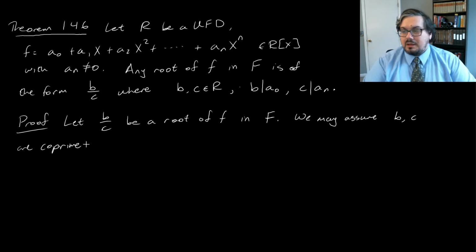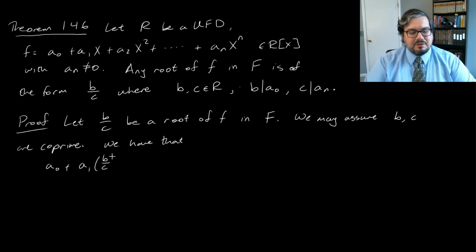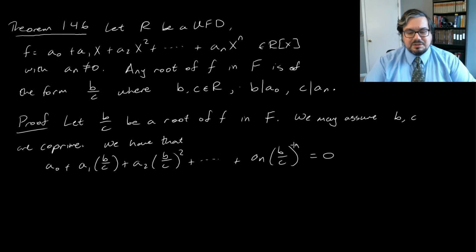So we have then that a0 plus a1 times b over c plus a2 times b over c squared, etc., up to an times b over c to the n equals 0. We've assumed that b over c is a root of little f.